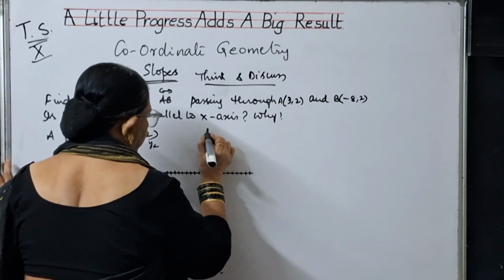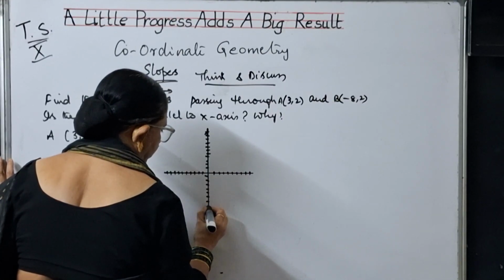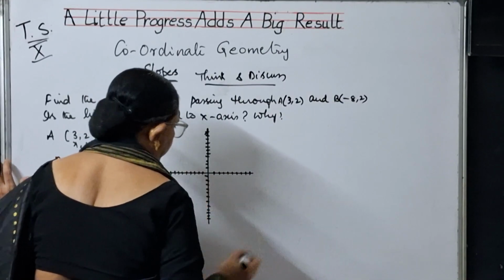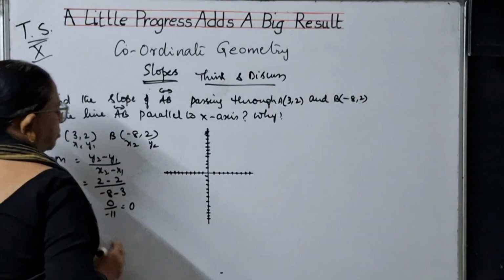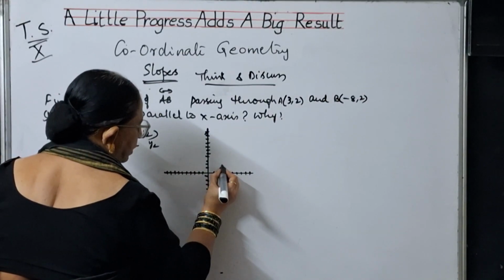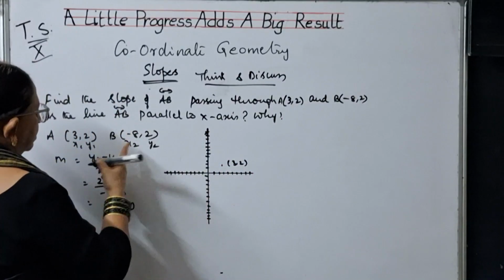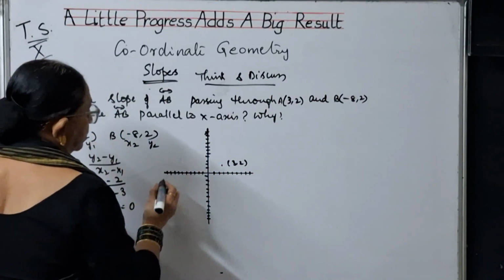It goes on like this. So here also these are the lines that I have taken positive. I am not writing numbers here. 3 comma 2: X1 is 3, Y is 2. This is the 3 comma 2 point. And the next one is minus 8 comma 2.